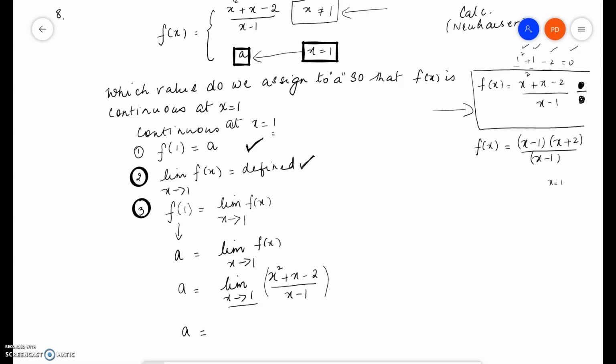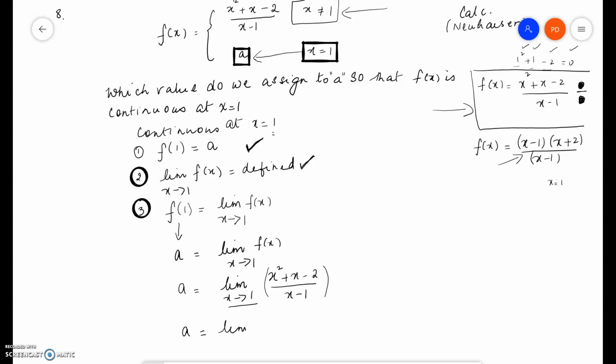So it's a 0 over 0. For a rational function, when you get a 0 over 0, we know there's a common factor in the numerator and the denominator that's causing the 0. So when we factor the numerator, we get (x minus 1) times (x plus 2) divided by (x minus 1).